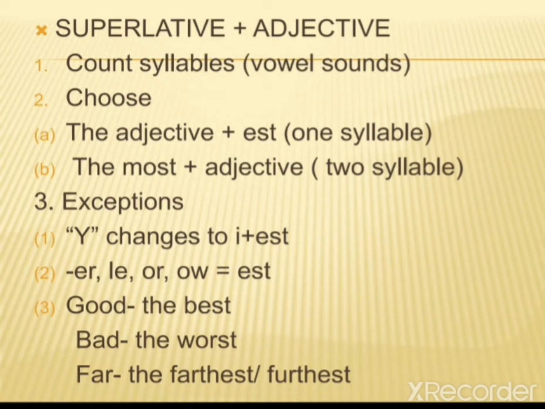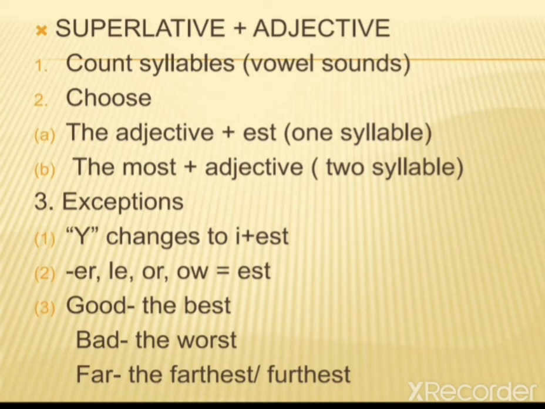So the next time you have a test about superlatives, first of all, you are going to pay special attention to the exceptions of the rules in English. Rule number 1: the Y always changes to NIEST.